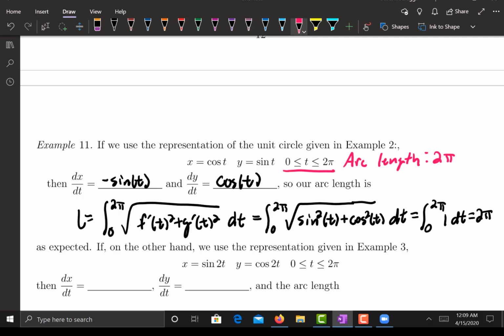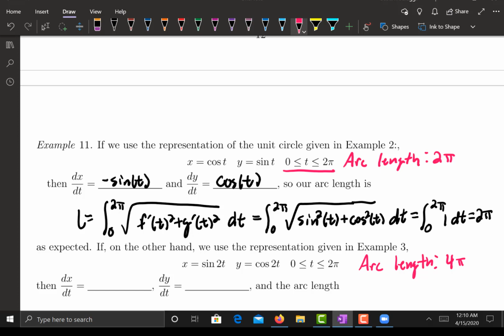Meaning, because I did 2 full rotations about the unit circle, and I know the arc length of going around once is 2 pi, what I should expect is that the arc length should be 4 pi.